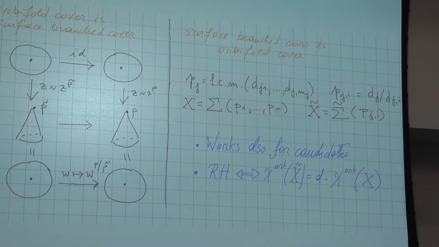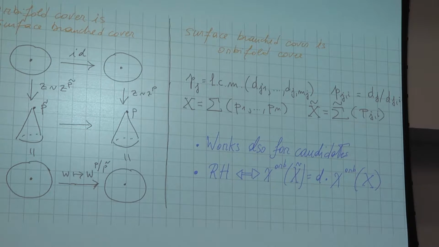So you can speak of a candidate orbifold cover and the associated branch cover between surfaces, and the other way around. In this context, the Riemann-Hurwitz condition for surface branch covers exactly corresponds to the multiplicativity of orbifold Euler characteristic under the cover.